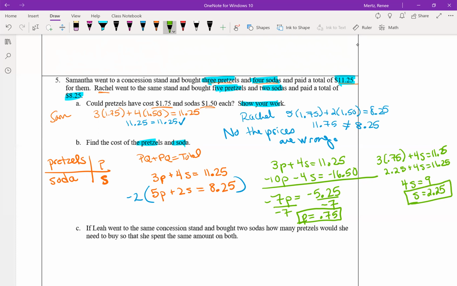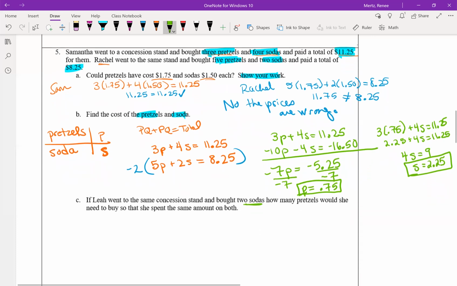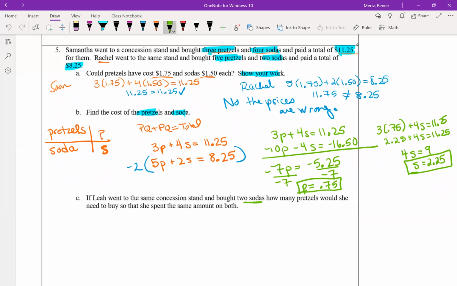If Leah went to the same concession stand and bought 2 sodas, how many pretzels could she need to buy to spend the same amount on both? Let's figure out what 2 sodas cost. 2 sodas equals 2 times 2.25, so $4.50. We want to know how many pretzels she can buy.